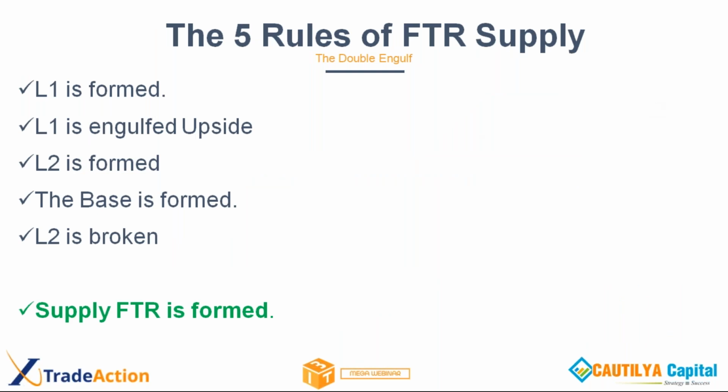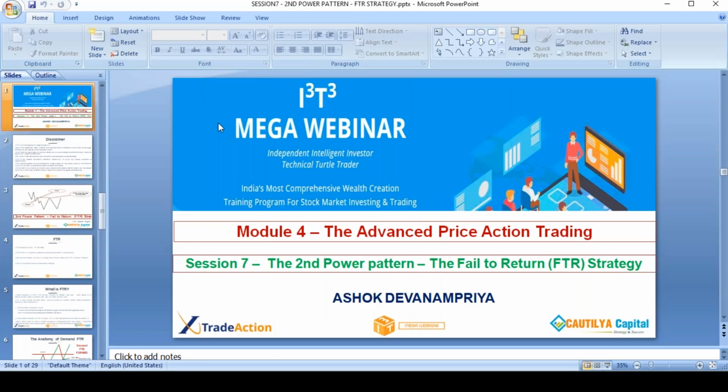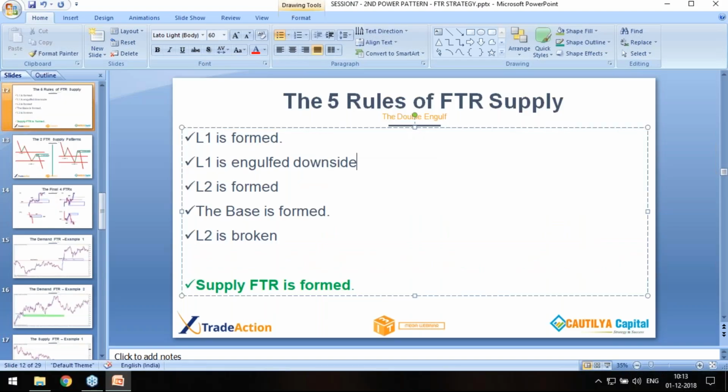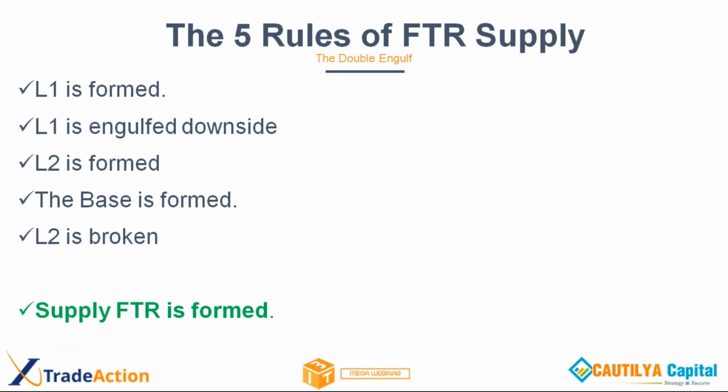So what are the 5 rules of FTR? L1 formed, L1 is engulfed upside. My apologies, this happens when you do copy paste. Okay, thank you, Hari.